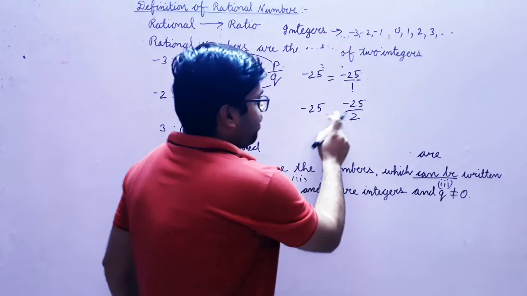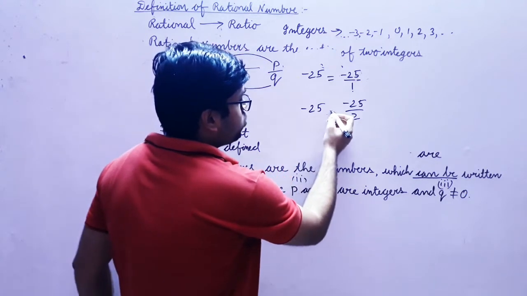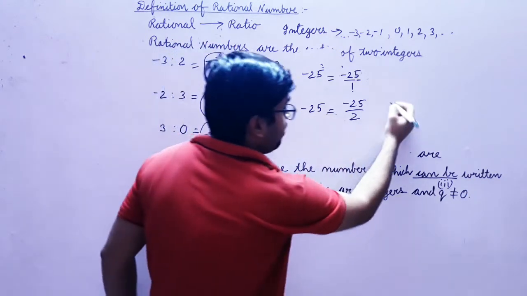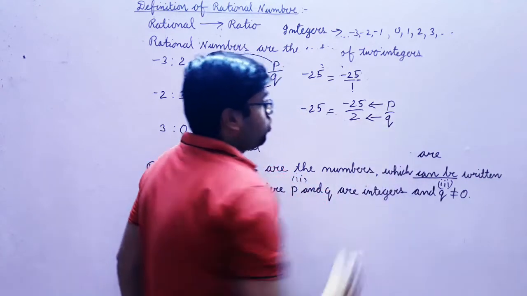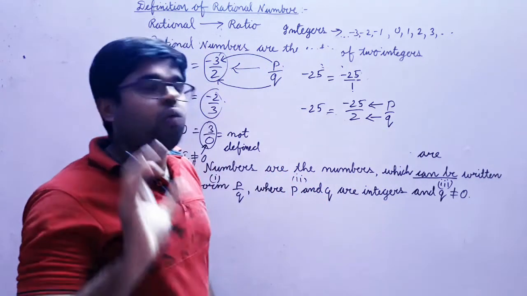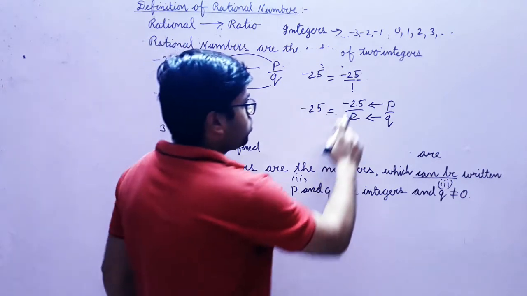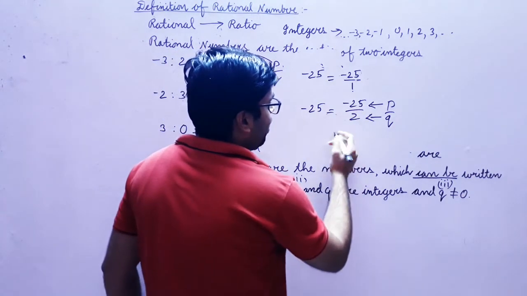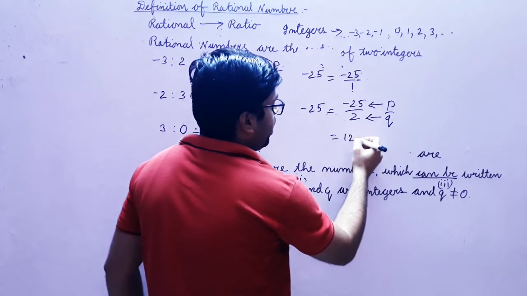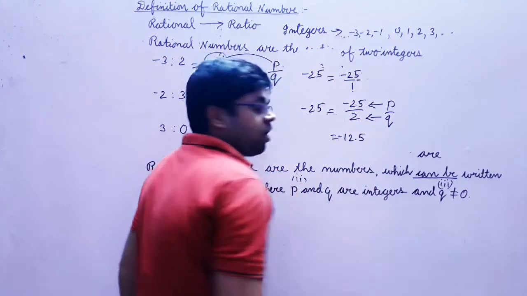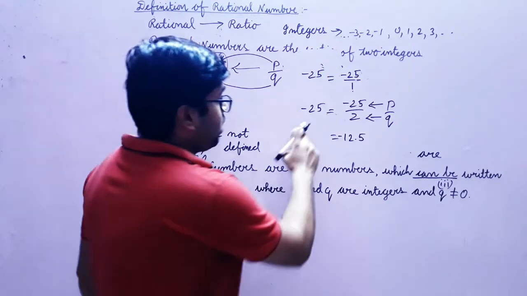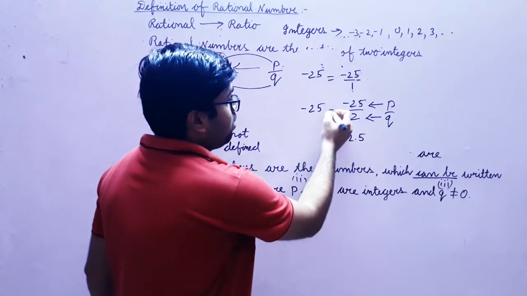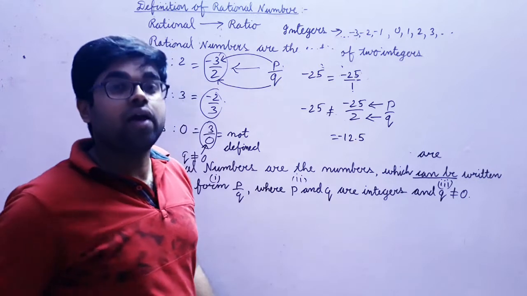When we write minus 25 in the form of p by q, can we take p as minus 25 and q as 2? The answer is no. Why? Because when you divide minus 25 by 2, you'll get minus 12.5, which is not the same as minus 25. So that means we can't write minus 25 as minus 25 by 2.